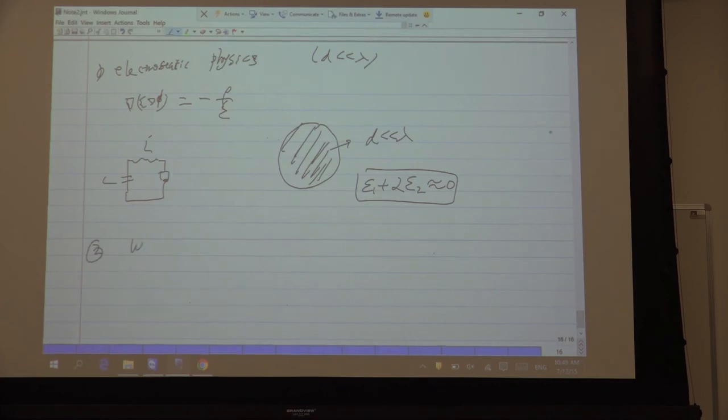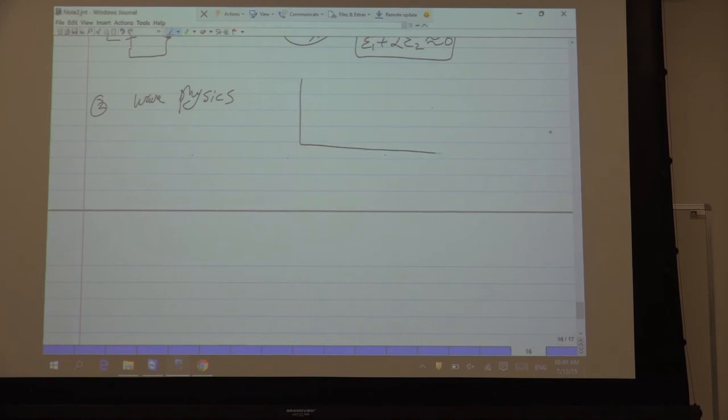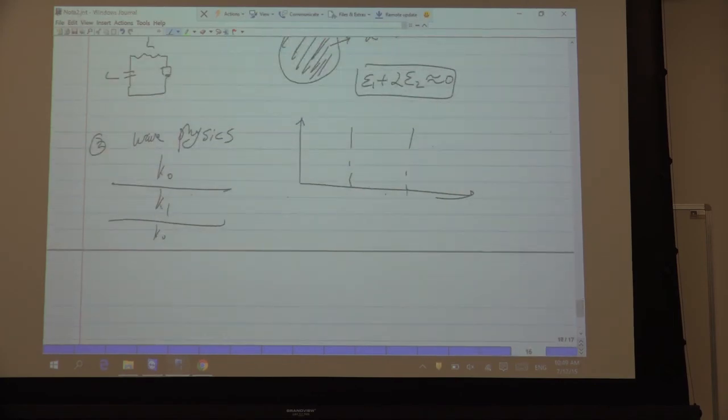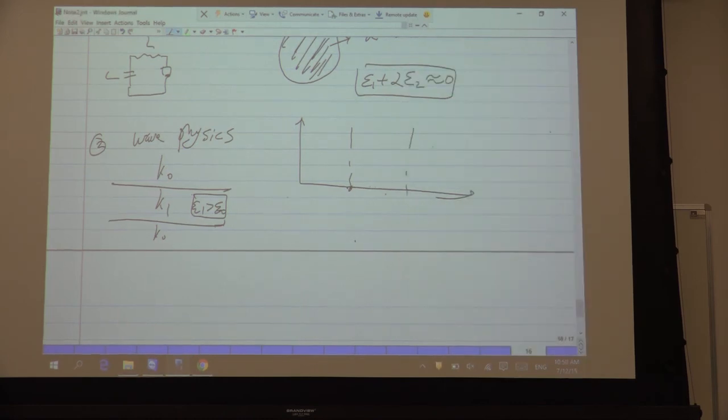The second, very important, is wave physics. For wave physics, we talk about the photonic crystal, and the important thing is this picture. This is K0, K1, K, and this is omega.